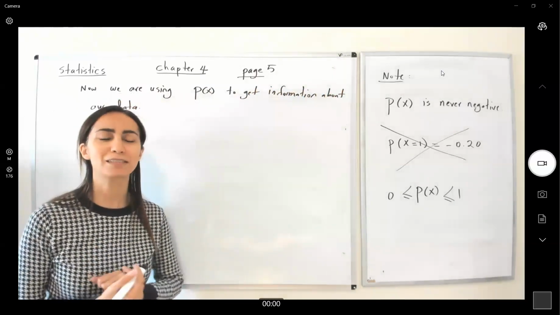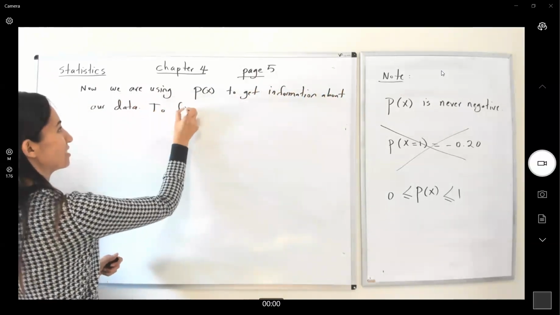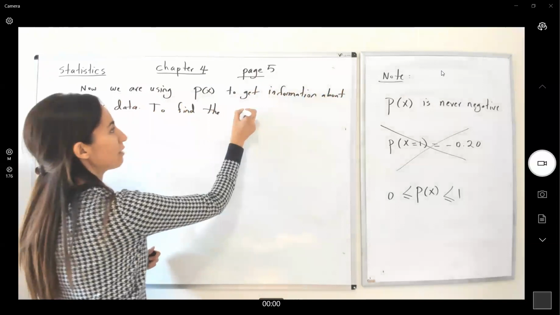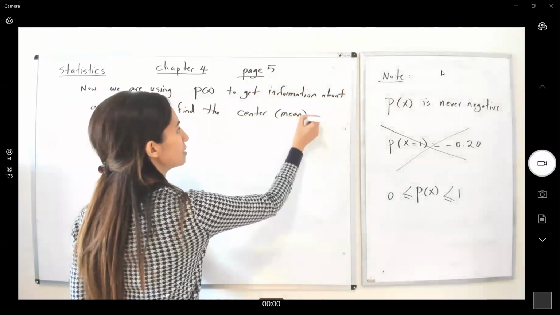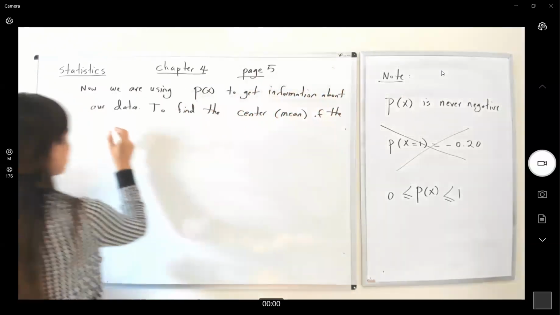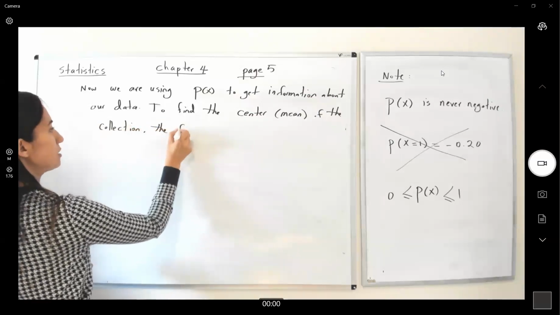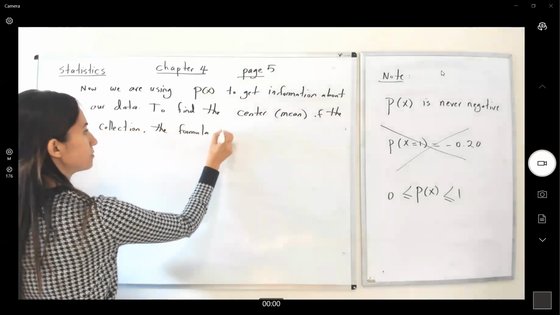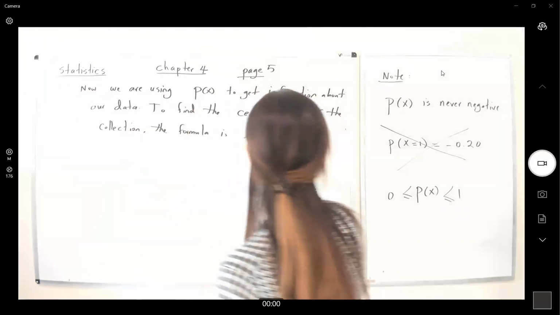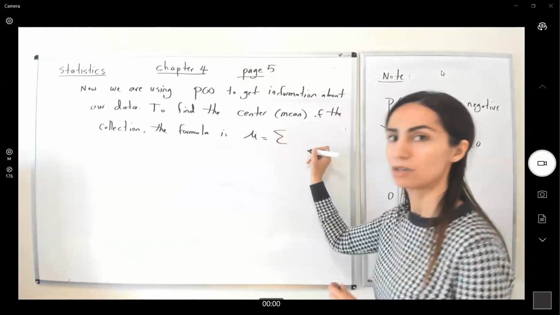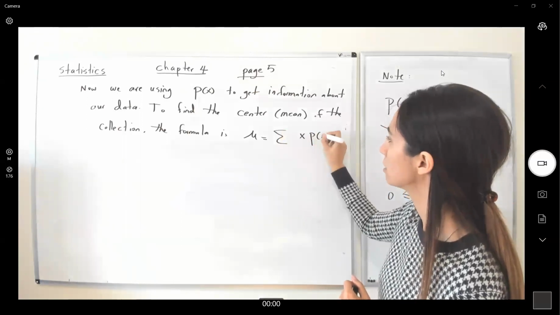We can use P of x to find the mean of the collection. To find the average or the center or mean of the collection, the formula is mu equals the sum of the product of each x value by its probability.